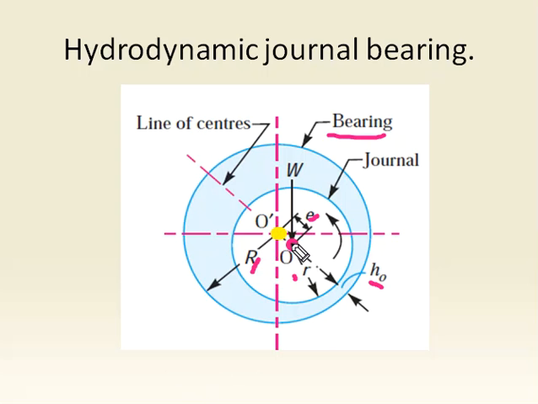While at rest the line of centers may be in the second quadrant, but if the speed is increased to a high speed, the line of centers changes to the third quadrant, I think. So depending upon the speed of the journal and the rotation, clockwise or anti-clockwise, the line of centers may change. So let us go through briefly the terms we must use in journal bearing.